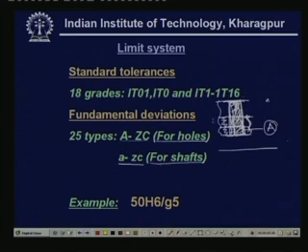This is all schematic, and this IT01, IT0 and IT1 to IT16 have standard values in microns, and for this you can refer to any standard manufacturing catalog or a design catalog. In both cases you will get the standard tolerance values required for manufacturing.